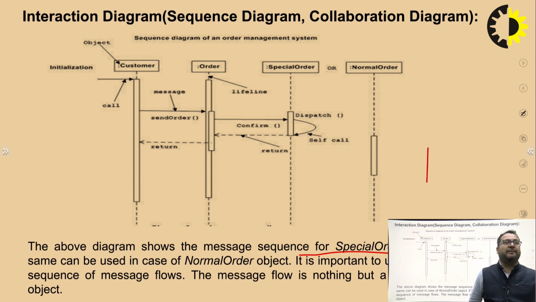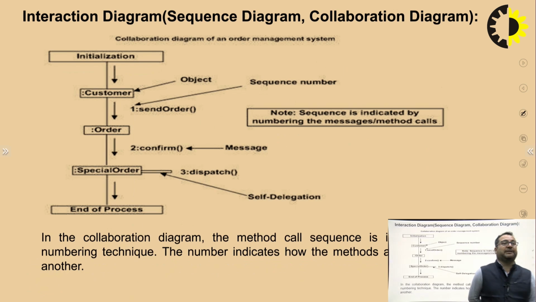This is of two types, either a sequence diagram or a collaboration diagram. In a collaboration diagram, we simply number the messages 1, 2, 3, 4. In a sequence diagram, it is not needed to mention the sequence numbering.